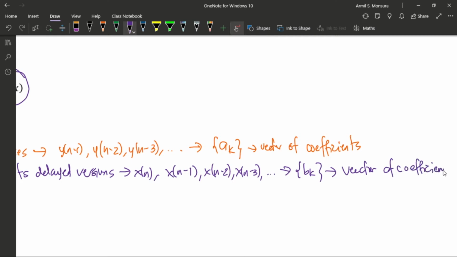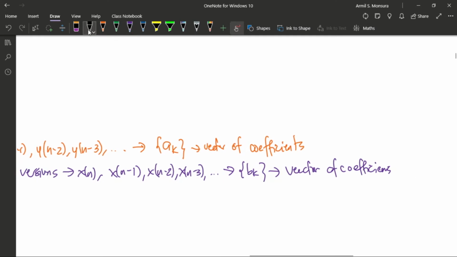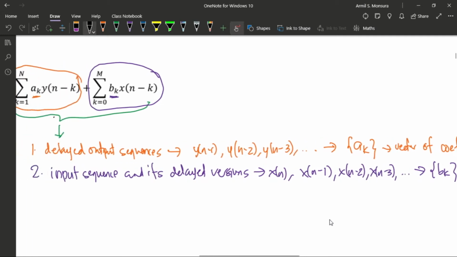Okay. Now, collectively, later on, itong dalawang vector of coefficients na to, tatawagin natin itong filter coefficients. Kaya ako sinasabi na minsan yung ibang sequences ninyo na nakalagay diyan hindi niyo makikita because their coefficients might be 0.